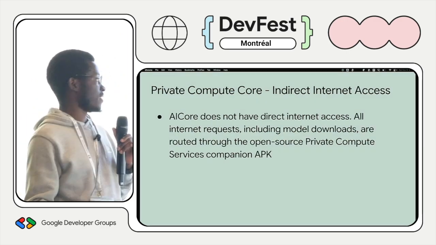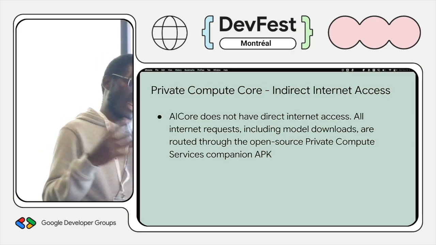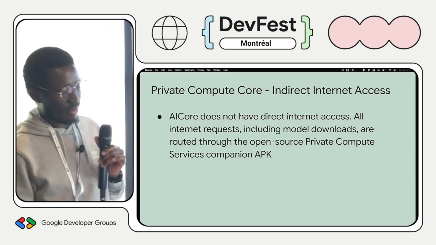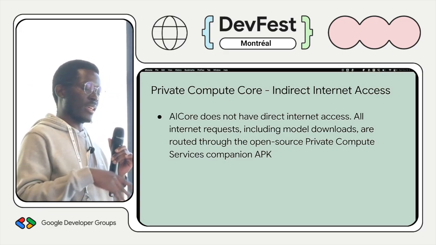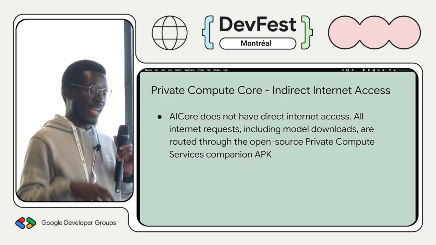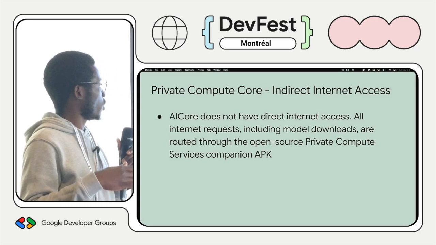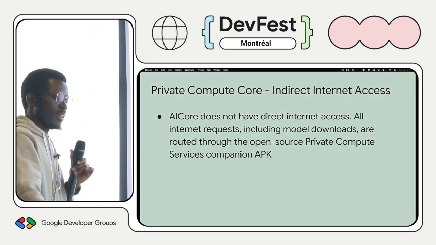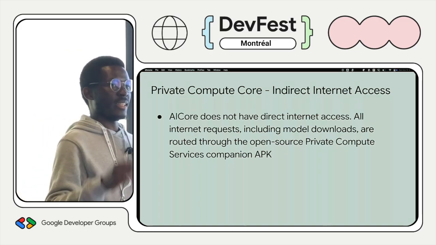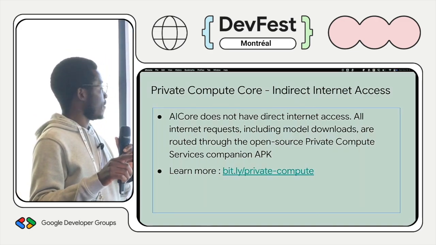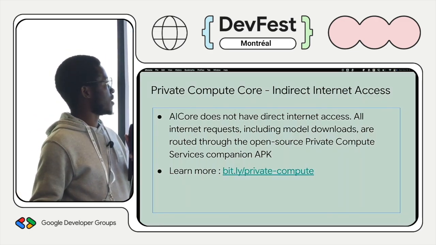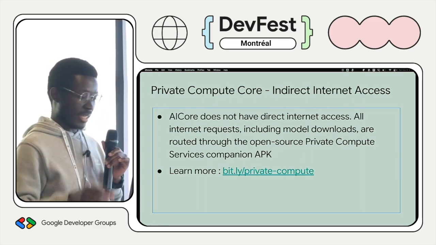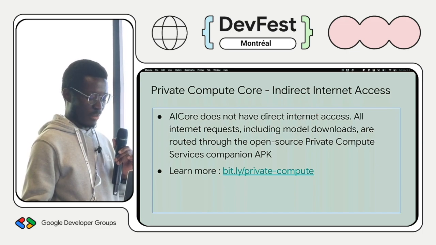And also, like I have said previously, it has indirect, not direct, access to the internet. So all the requests, even when it comes to downloading a new model, will be routed through an open source private service that will handle that part. You can learn more about Private Compute using this link, and it's also available online.